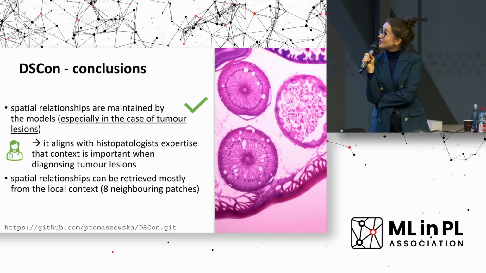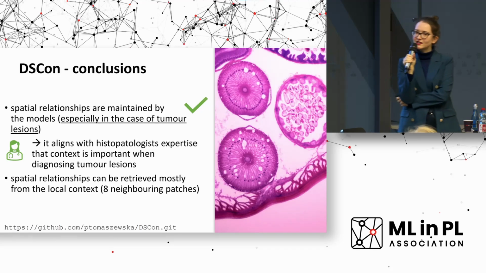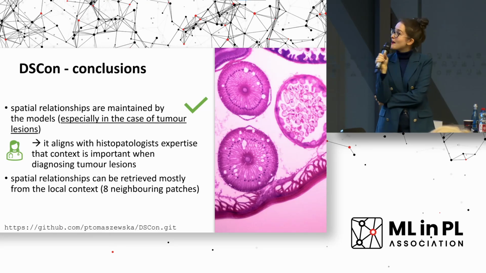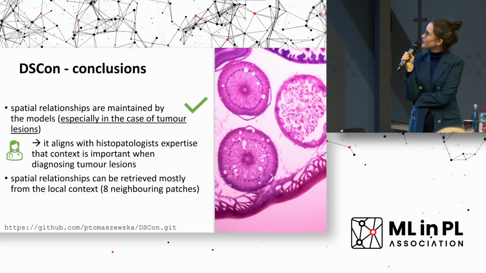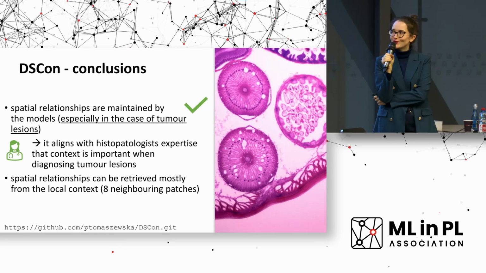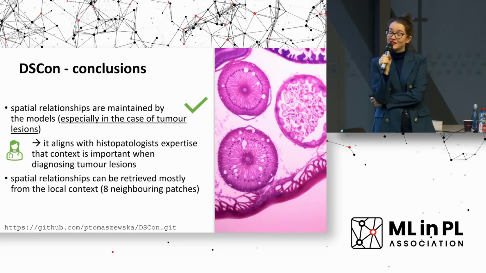And lastly, I would like to point out that the method called Deep Spatial Context is general in the sense that it can be applied to other data sets as well. This is done for illustration, but an intriguing fact for the end of the talk is that, I don't know if you know, histopathological data in the form of whole slide images is similar to satellite images.